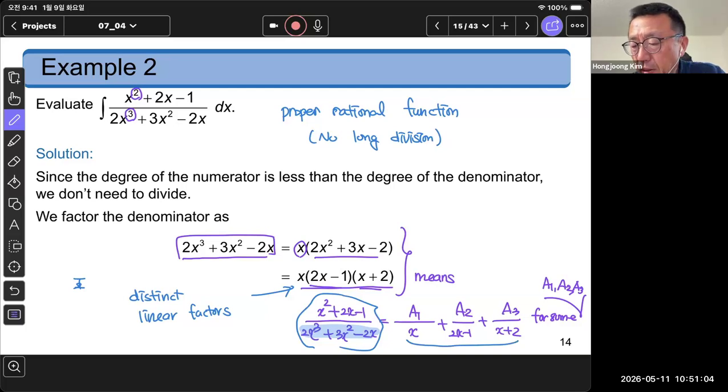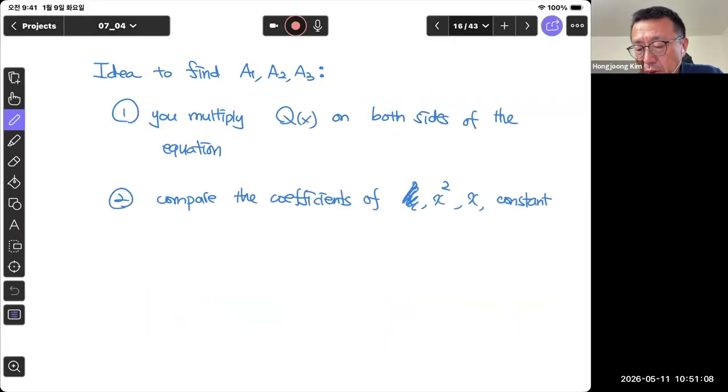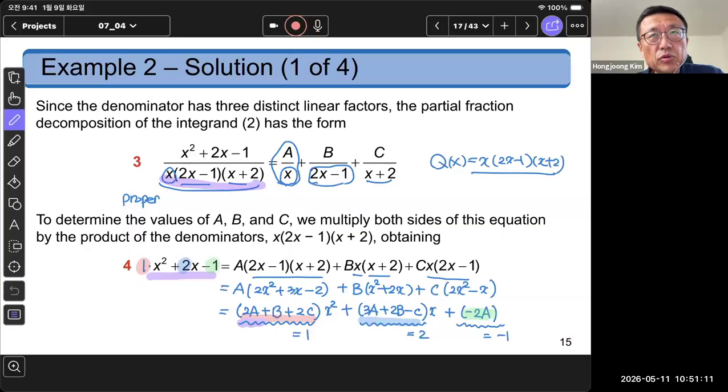Okay? And how can I find A1, A2, A3 or A, B, C? You need to multiply the denominator on both sides. Okay? And when you get this, you expand them and you just compare the coefficients of the second order term, x squared or x, and constants.